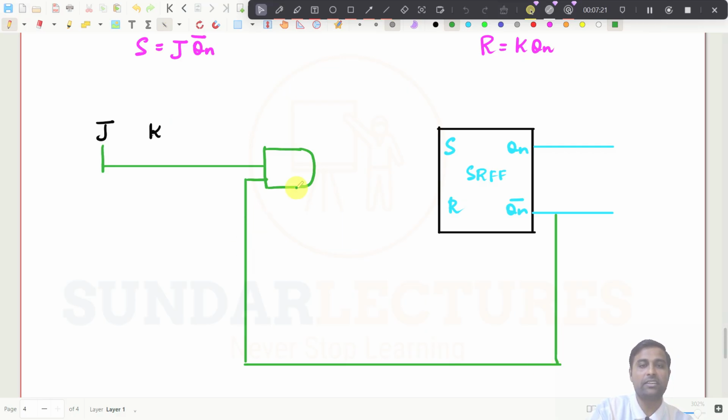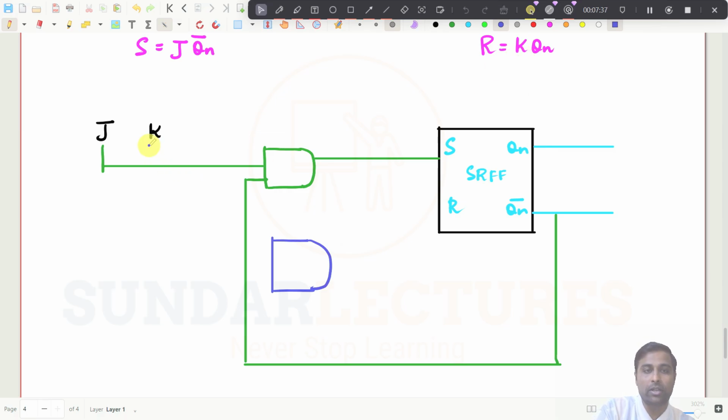So this is, now I have to give it to S, right? What is the R now? I have to put another AND gate, right? And for this one I need a K input.